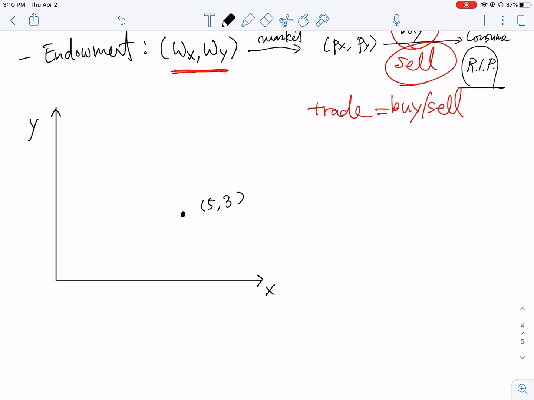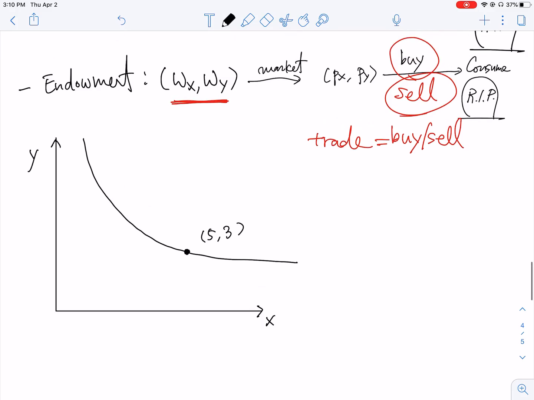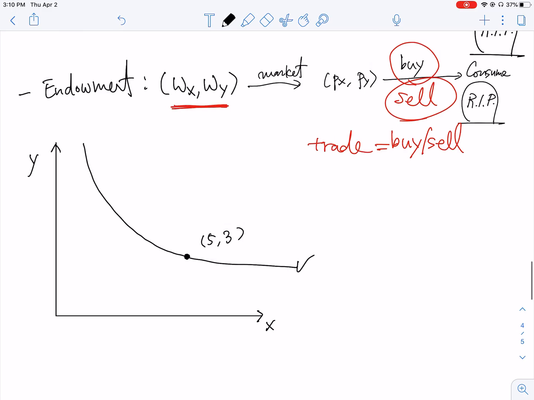One thing you can do is not trade anything and just consume it. So let's say this is the indifference curve passing through (5, 3). If you don't go to the market, or you go to the market and don't trade, then you can achieve this level of utility.